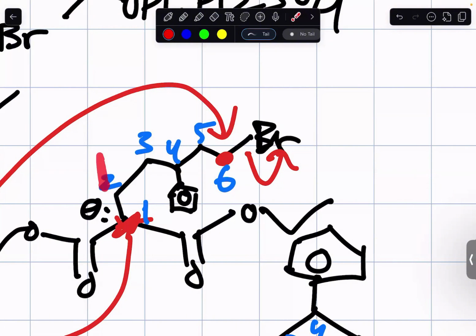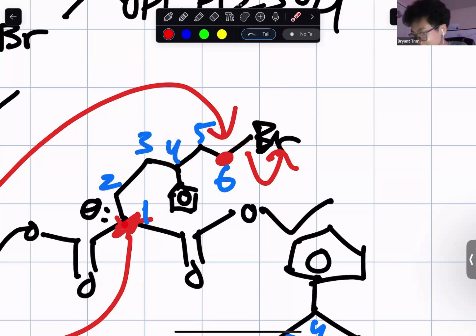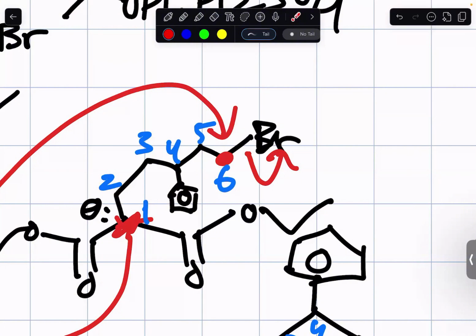Start from here. 2, 3, 4, 5. I did the same. Oh, shoot. You start from the start carbon. You start from the nucleophile. That's your 1 right there, not this. This is your 2. Yeah, that's good. We're making the mistakes now. Hopefully not on the quiz.